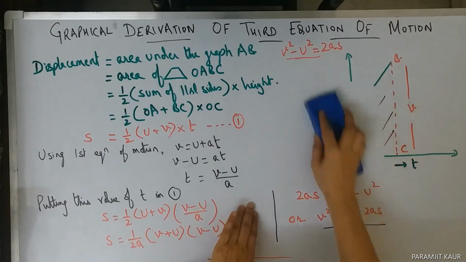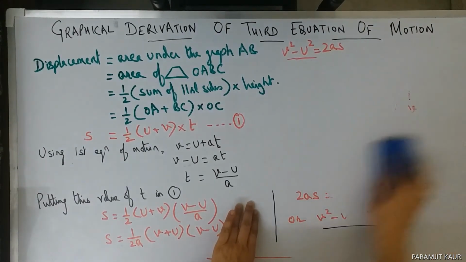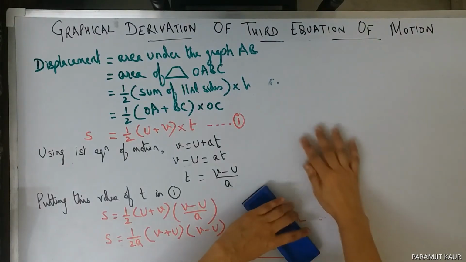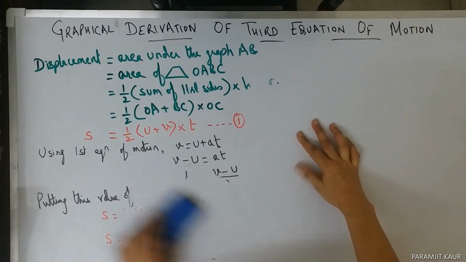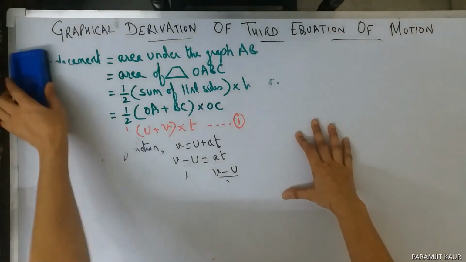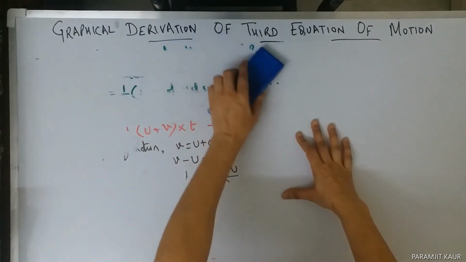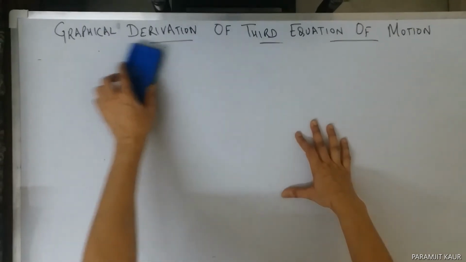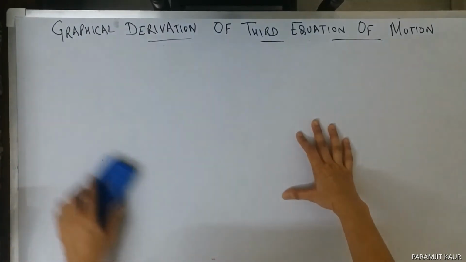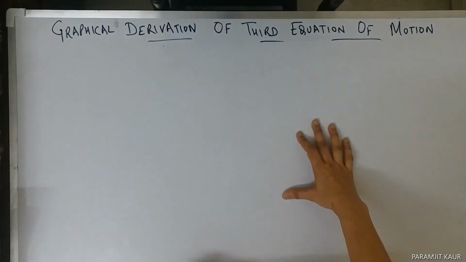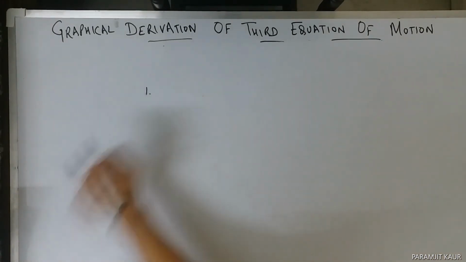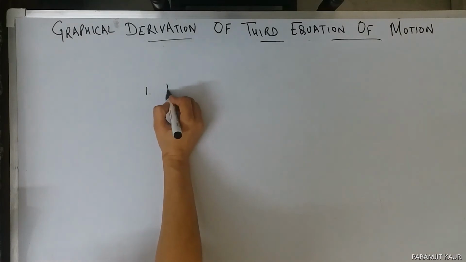Now, when you take up the numericals based on the three equations of motion, there are certain points that you need to keep in mind. So, we are going to talk about those points because when you get the numerical, it is given in a statement form. From there you have to conclude and write down.